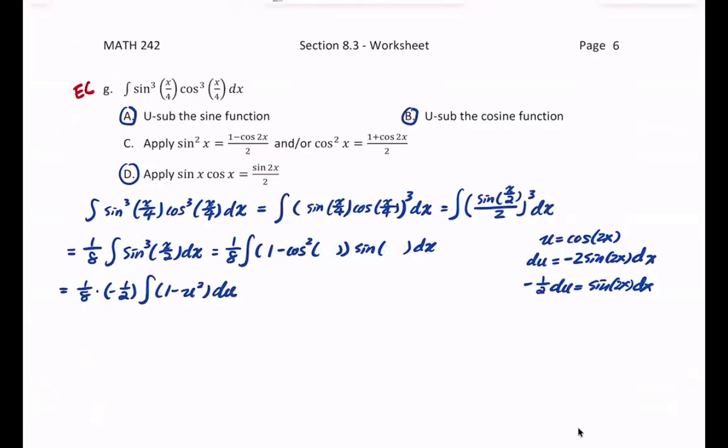Because I doubled x over 4, you get x over 2. Okay, so you double the angle, but you double the x over 4.